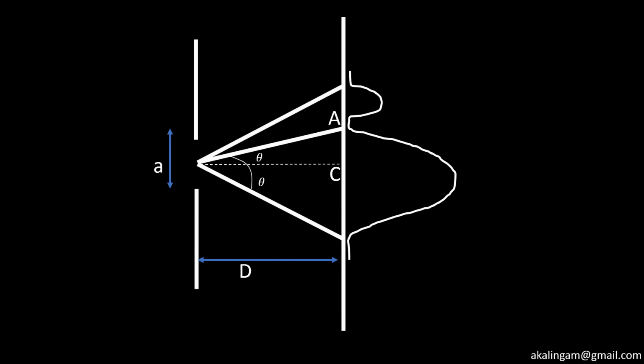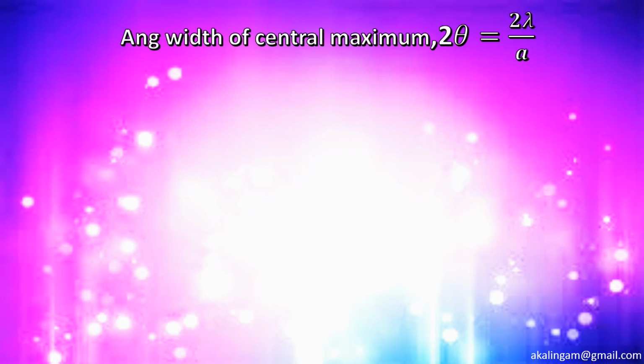Now in this diagram, we are seeing that a is the width of the rectangular slit and D is the distance. Now we are going to find the width. Angular width of central maxima 2 theta is equal to 2 lambda by a, whereas lambda is the wavelength and a is the rectangular slit width.